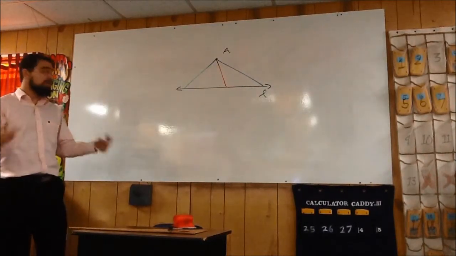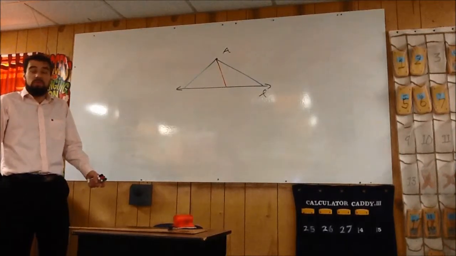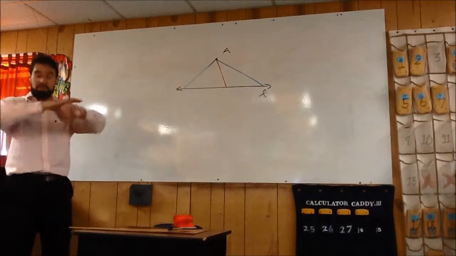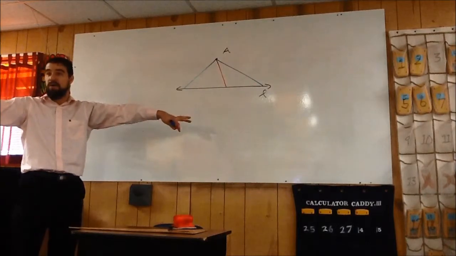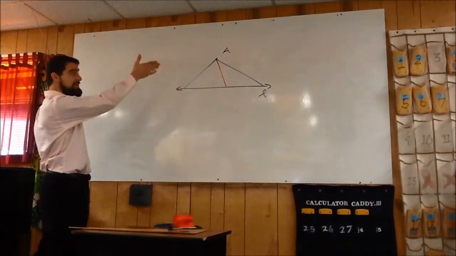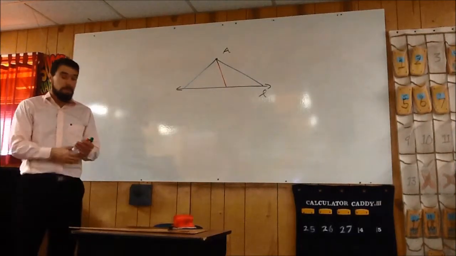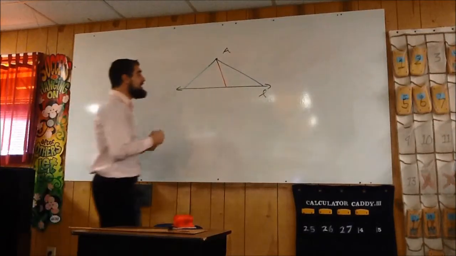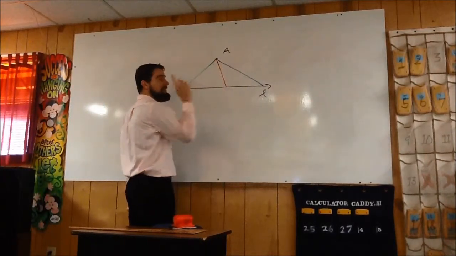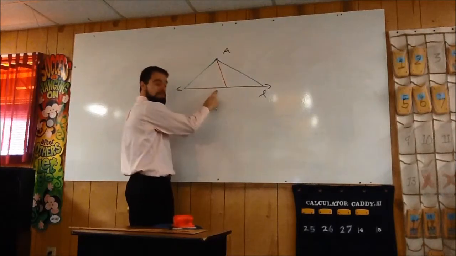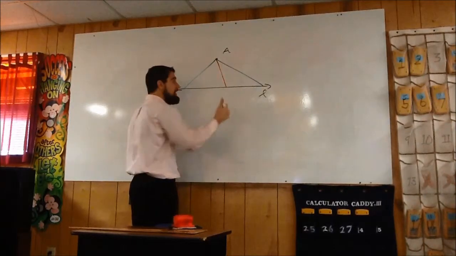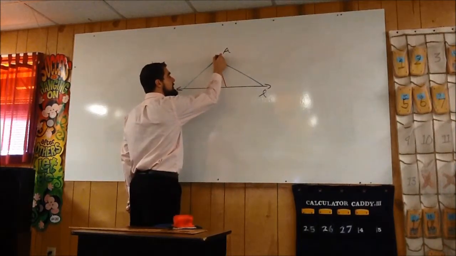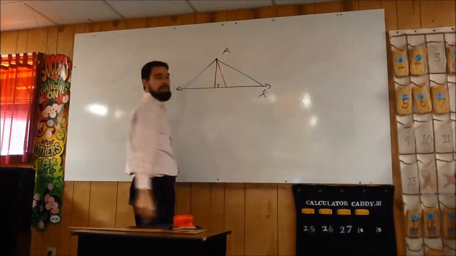So they had to come up with a universal law. They had to say, one of us has got to be right, and there has to be some universal thing that we're all going to follow, because we need to know how far away this point is from this line. What we chose is, if you're talking about the distance from a point to a line, a ray, or a segment, it has got to be the perpendicular distance.